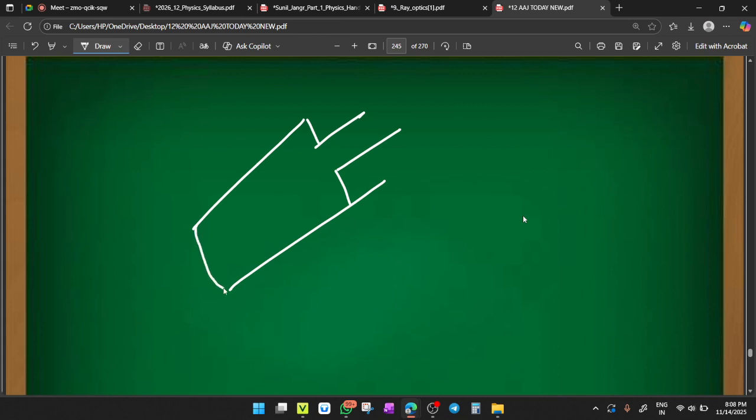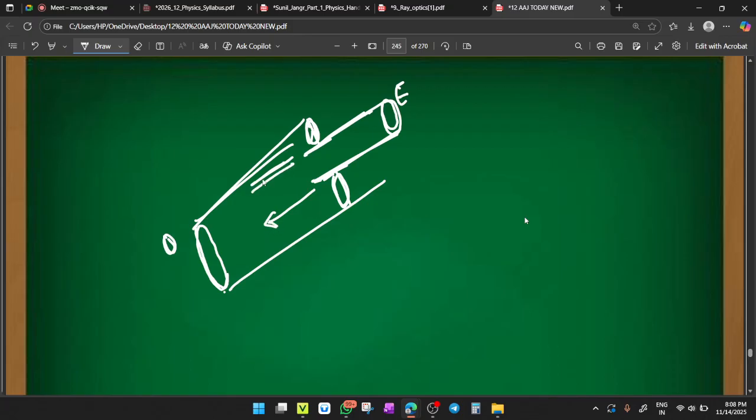Here the objective lens is placed, and here the eyepiece lens is placed. This is E, this is O, and this tube is movable under this larger tube. The smaller tube is movable under the larger one.